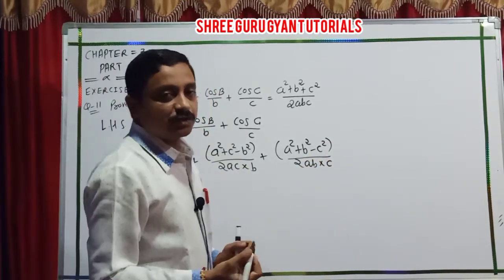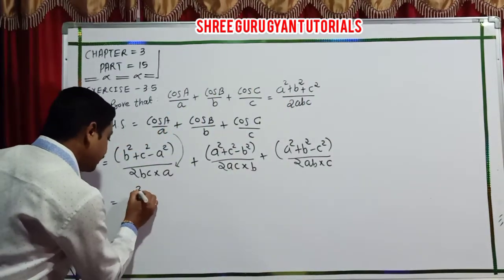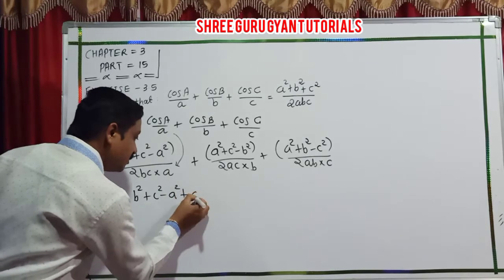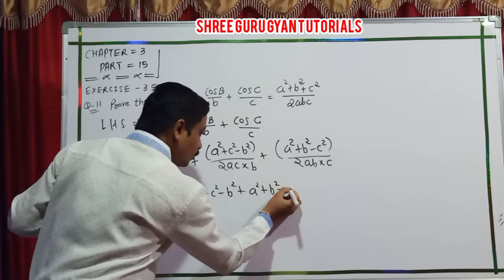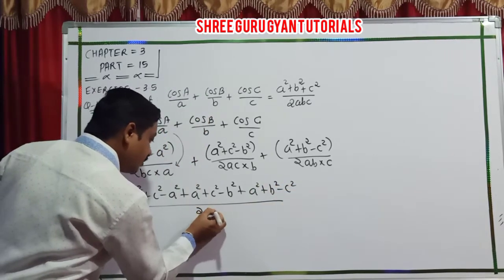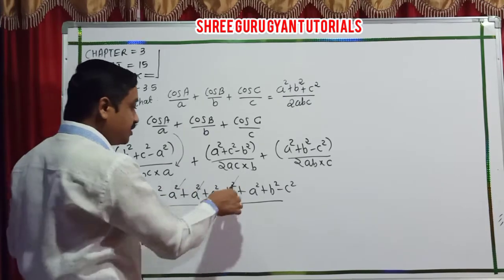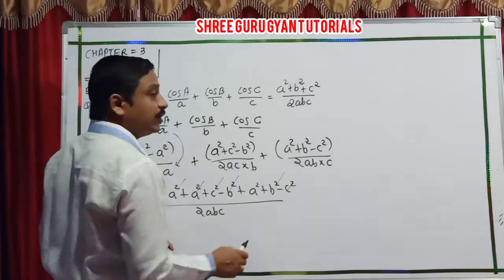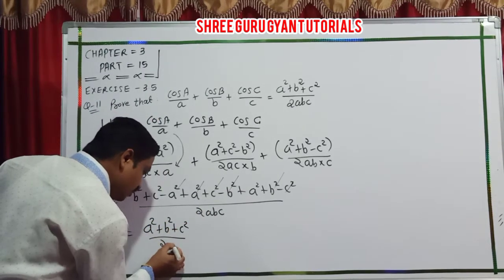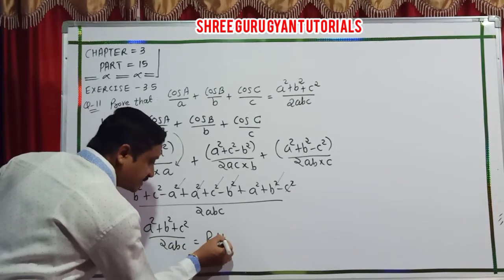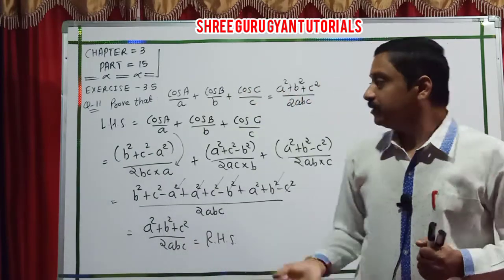Students, take out the total LCM, which is 2abc. Surely a square gone, b square gone and c square also gone. The remaining a square plus b square plus c square by 2abc is my RHS, and very easily and very quickly we complete this numerical.